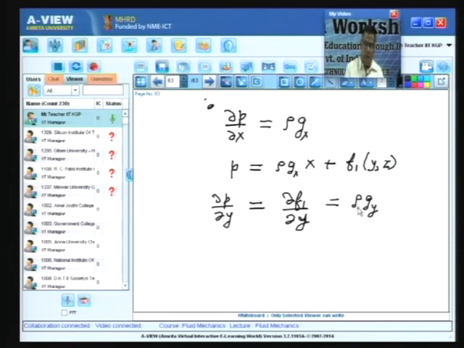So, if I integrate this equation, I am going to get f 1 is equal to rho into g y into y plus something we will call f 2 of z.